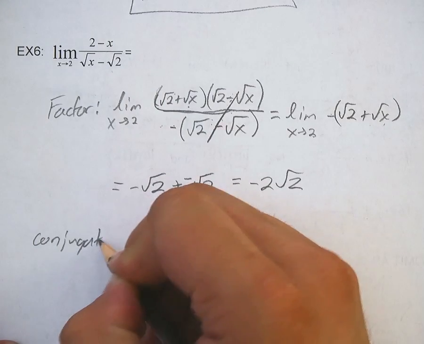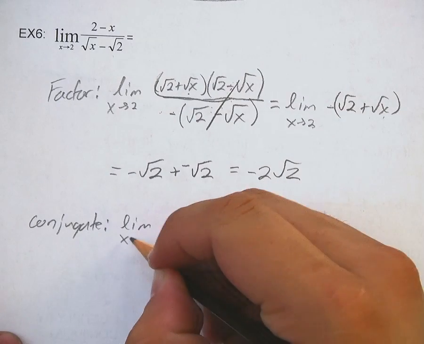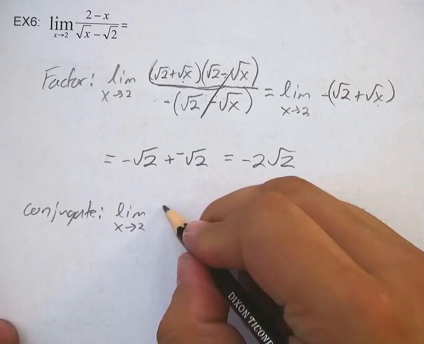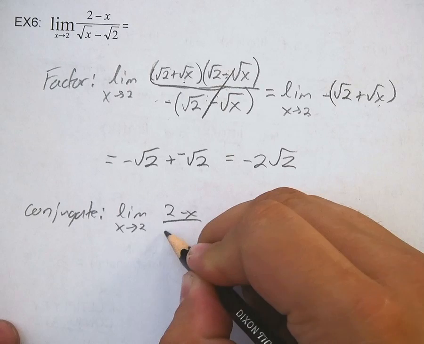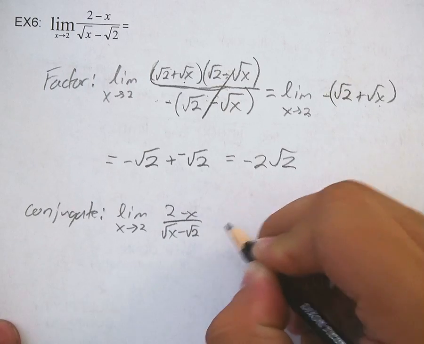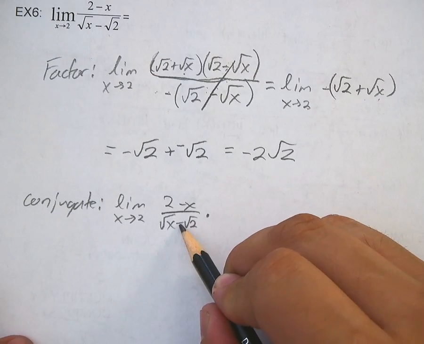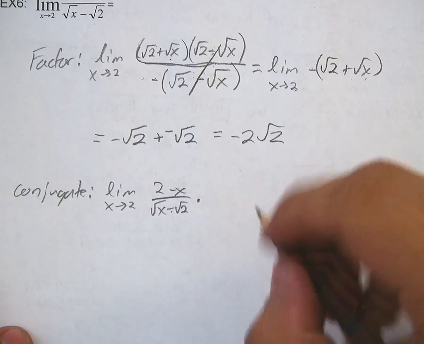So the conjugate method, my personal fave, the limit as x approaches 2 of 2 minus x over square root of x minus square root of 2. So I'm going to multiply. I'm going to take this minus sign with my square roots and I'm going to change it to a positive.